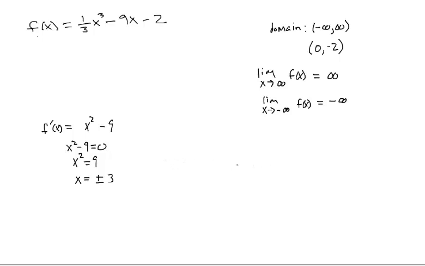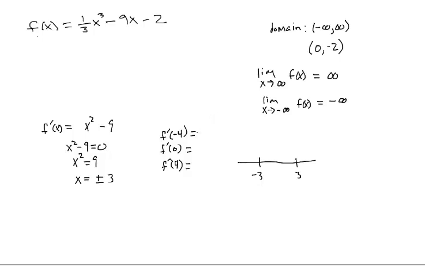And now we want to do a sign chart. So we have our sign chart, and -3 and 3. And now we want to test all our intervals. So f prime of -4, f prime of 0, f prime of 4 is equal to.